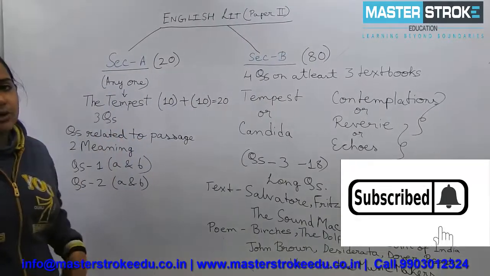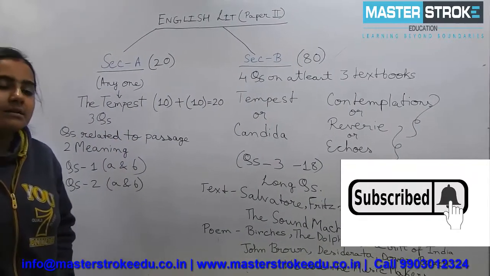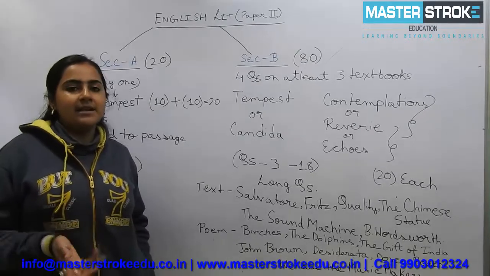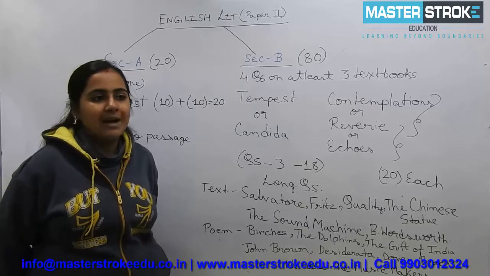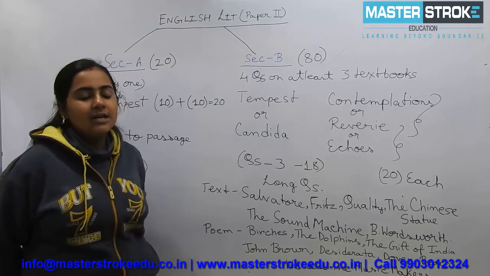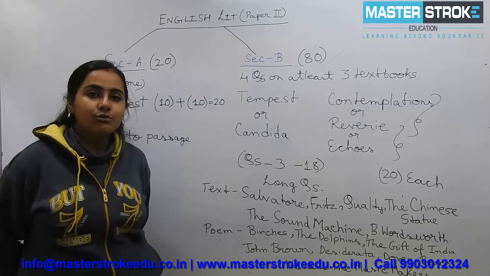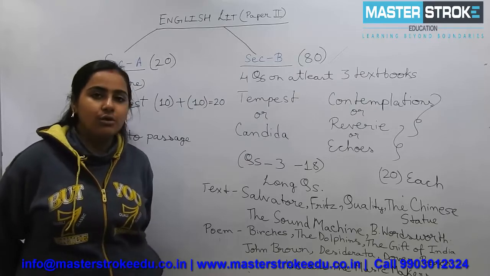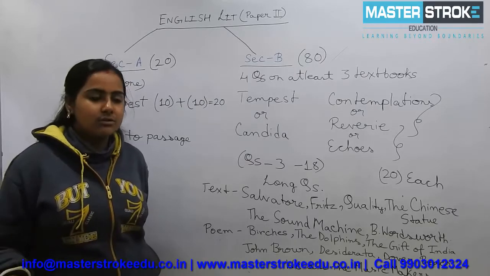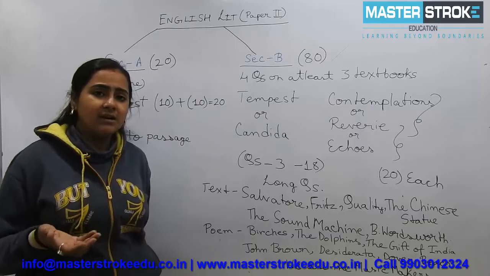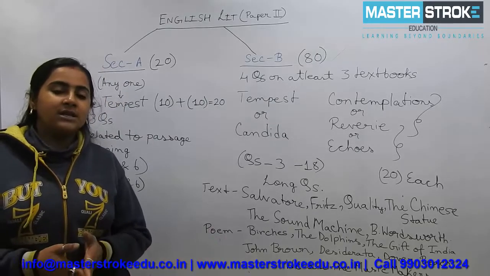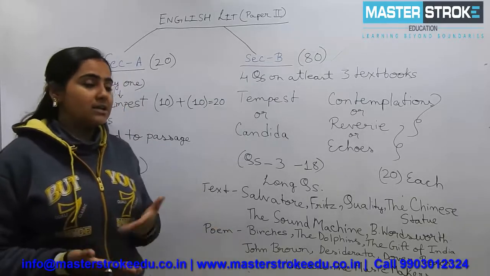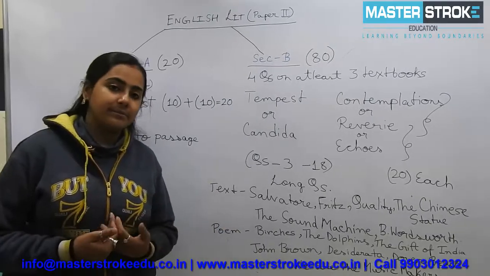I repeatedly tell my students, whatever time you get for English, maths and language, it's always very less, because you have to write more and the marks are also very hefty. So we also have to check the time.